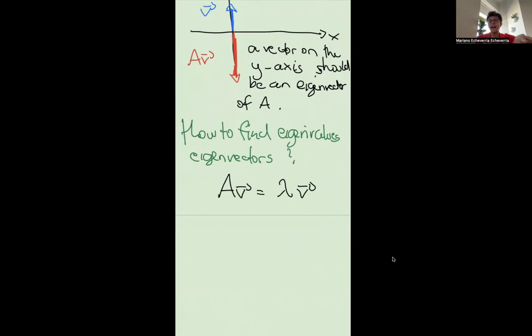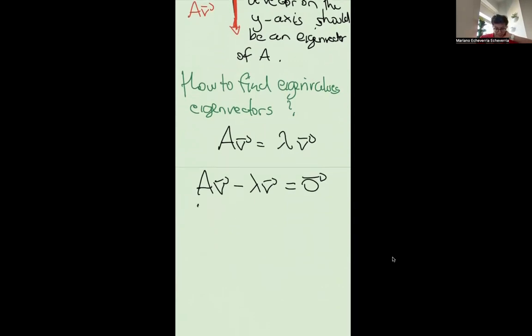It's actually more convenient to write that all on the same side of the equation. So this is the same as this equation, which is the same as this equation. This is the identity matrix. Basically what I'm doing now is factorizing a v, because both terms have a v, so you can factorize it down.